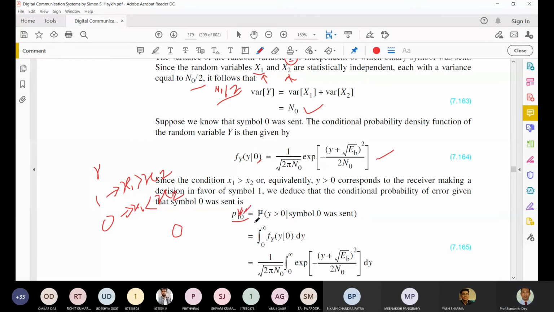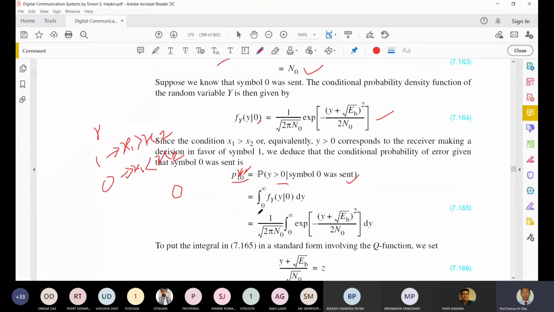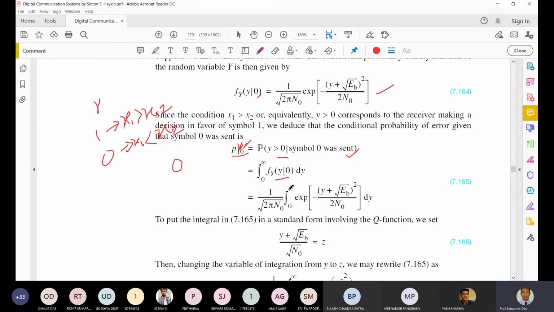So p of y greater than 0, given symbol 0 was sent, is equivalent to the integration from 0 to infinity of f of y given 0 dy.